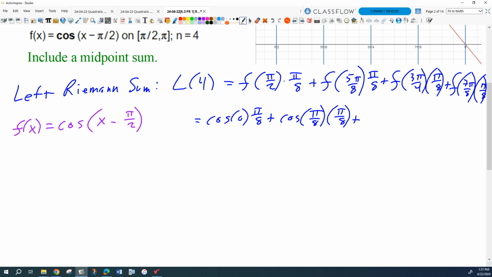Third one, f of 3/4 would be cosine pi fourths, good, times pi eighths. And then finally, cosine of 7/8 pi minus pi halves, 3/8 pi, there you go.